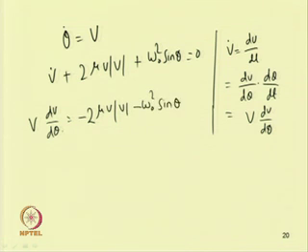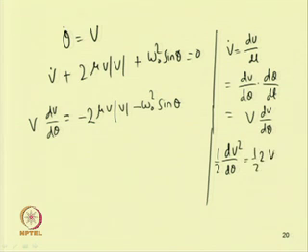Now, this v dv by d theta can be written in this form also: half d v square by d theta. So, one can write it equal to half into 2 into v dv by d theta.